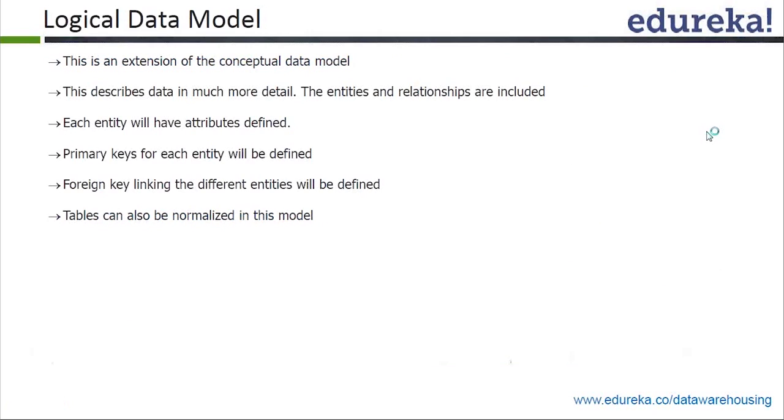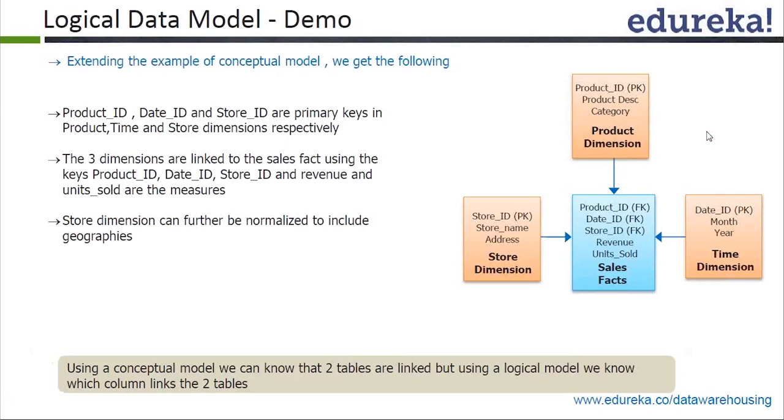The next data model which we will deep dive into after the conceptual data model is the logical data model. The logical data model contains more information than your conceptual data model, not really technical, but more information.